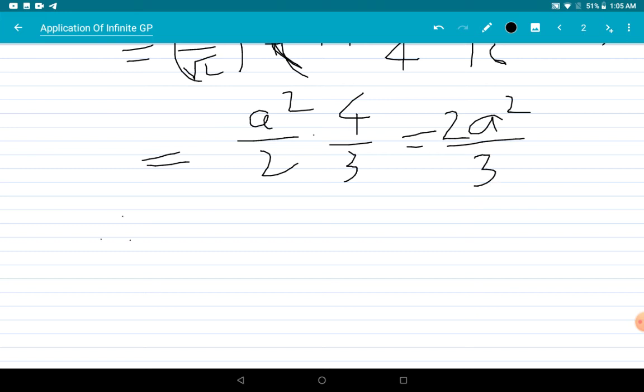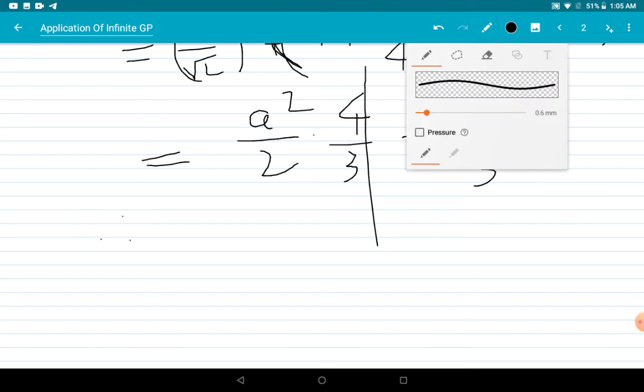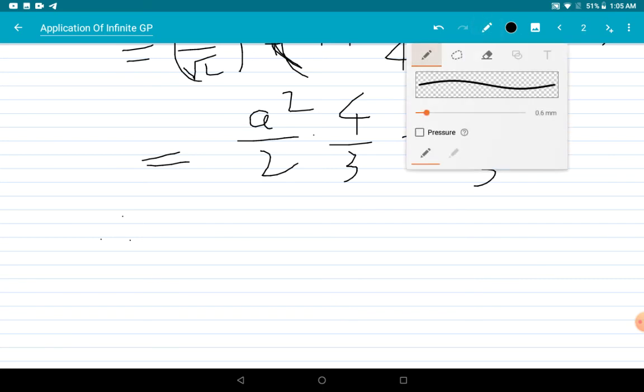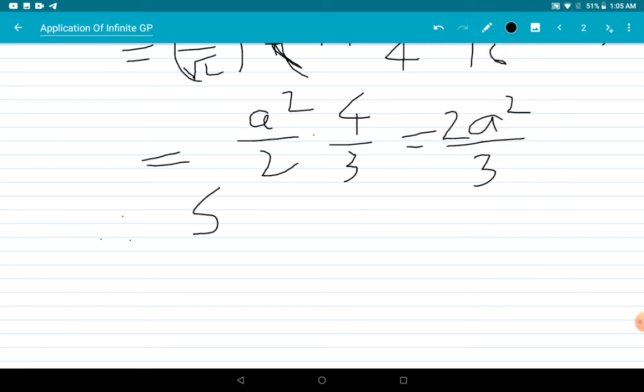So we have got S1 and we have got S2. What do we need to find? We need to find the value of S1 by S2, right?